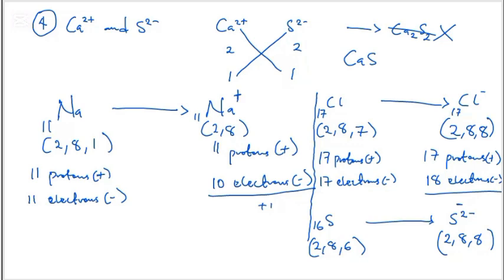So remember that sodium is just losing 1 electron, but sulfur has to gain 2. If you want to combine sodium and sulfur, this one just lost 1 electron, this one needs 2. After losing that 1 electron, it's still not balanced for sulfur. That is why we require 2 positive sodium ions to combine with 1 sulfur.